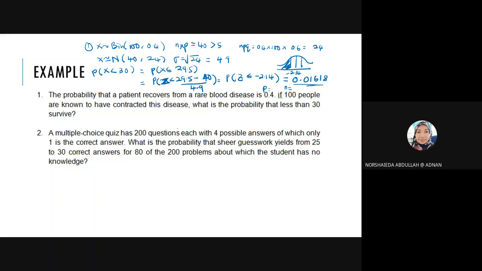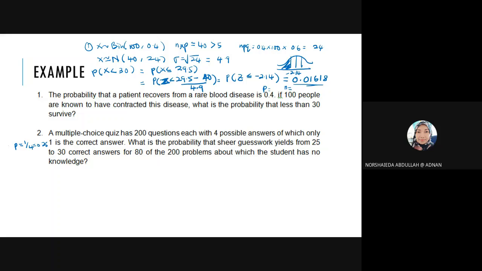Example 2. We have a multiple choice quiz with 200 questions. Each question has 4 possible answers, of which only one is correct. So the probability that we will get a correct answer, or P, is 1/4, or 0.25.